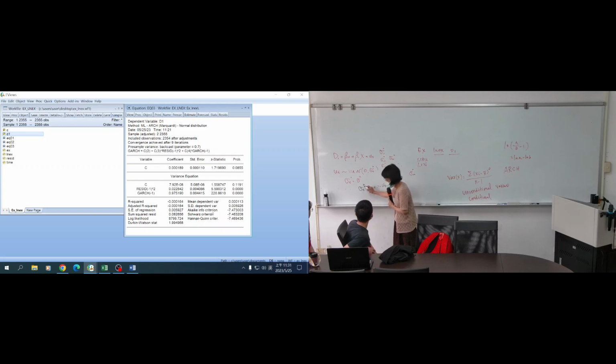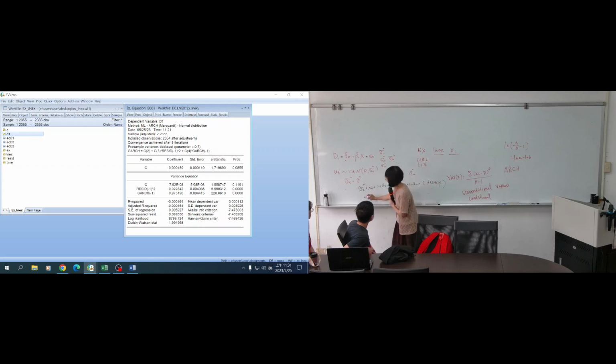This is the variance, since I squared it. So this is a variance. And this is u_(t-1), u_(t-2), up to u_(t-p). This is for ARCH, the ARCH(p) model.